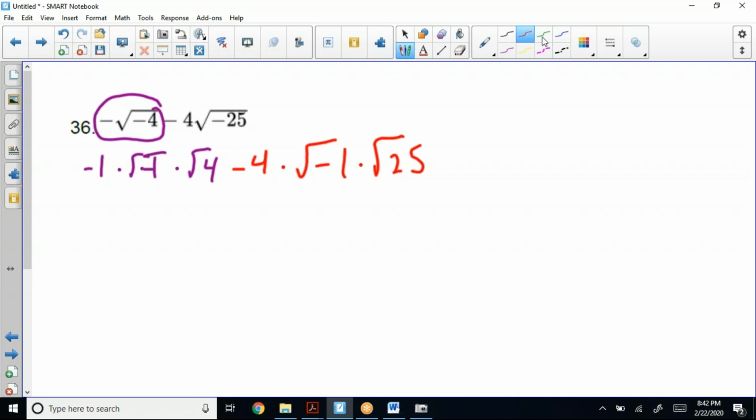Okay. Now, let's kind of take care of this first. Okay. So -1 times, and this is going to be i, so it's -1 times i times 2. So what that's going to be is -2i, right?